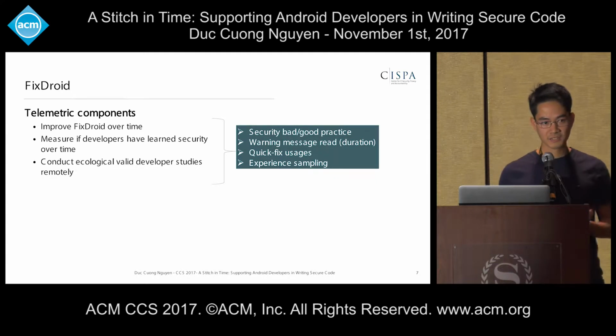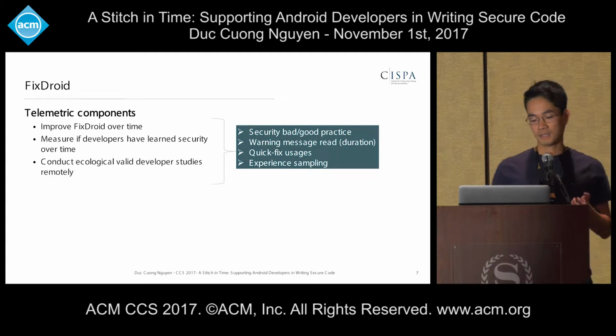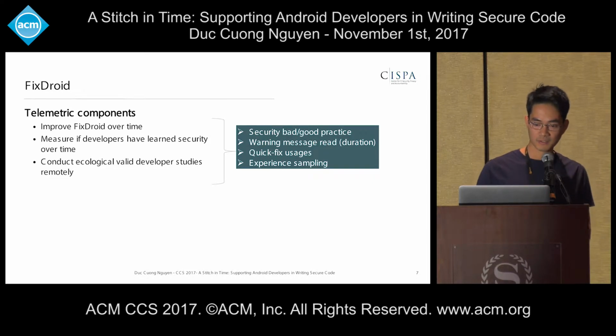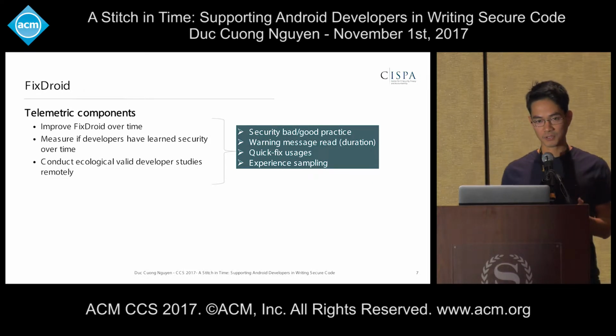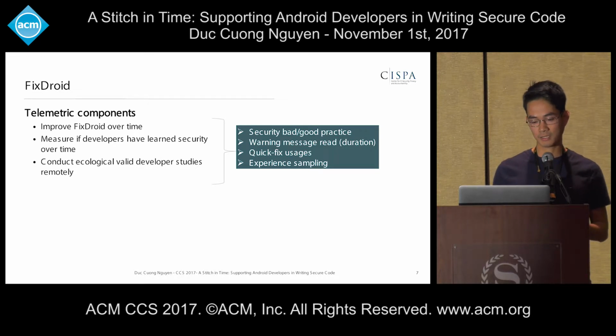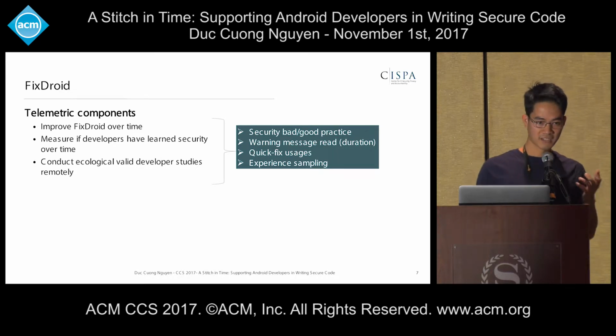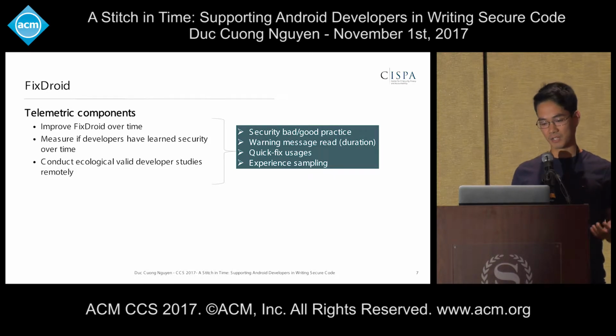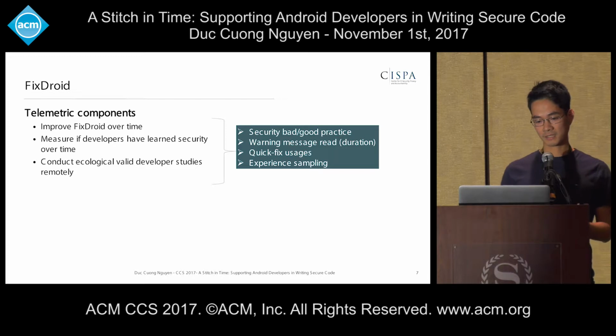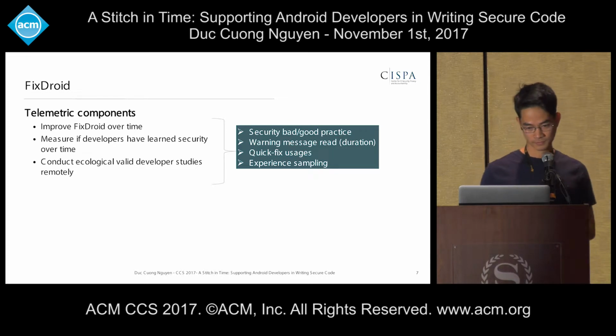So when FixDroid detects a security problem, it notifies developers, and for that reason, it wants to know if it gets developers' attention. So when developers pay attention, they read the warning message, and for that reason, FixDroid also records if developers read the warning message.